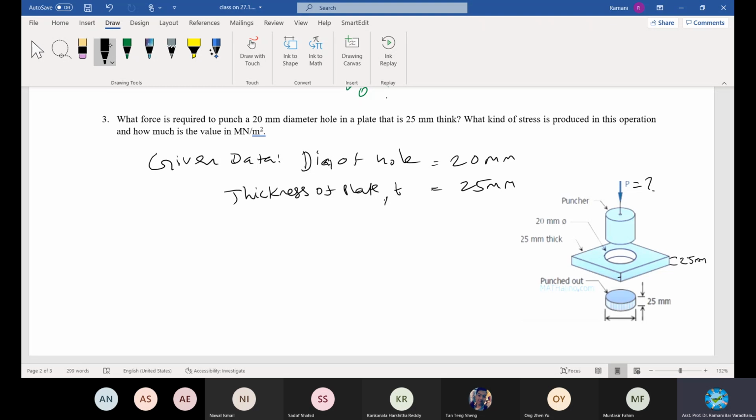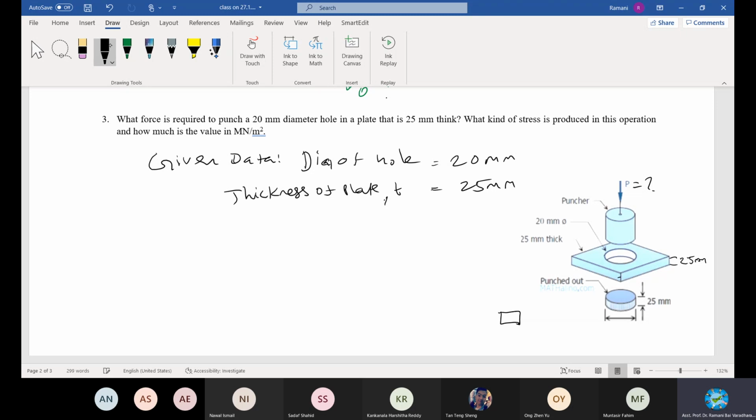You have to ignore the area perpendicular to the loading in the case of shear stress. The shear stress will be produced parallel to the loading, or tangential. Others are longitudinal; already we learned compression and tension as longitudinal deformation. This is tangential deformation, parallel to the loading or parallel to the surface, and it will shear.